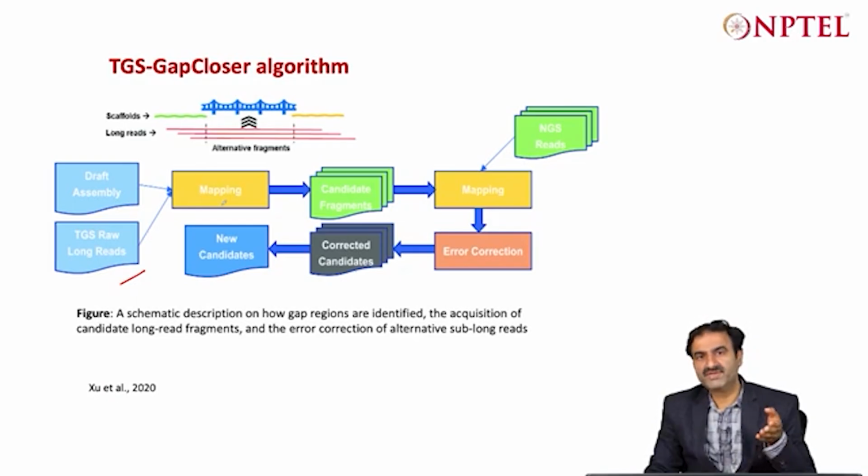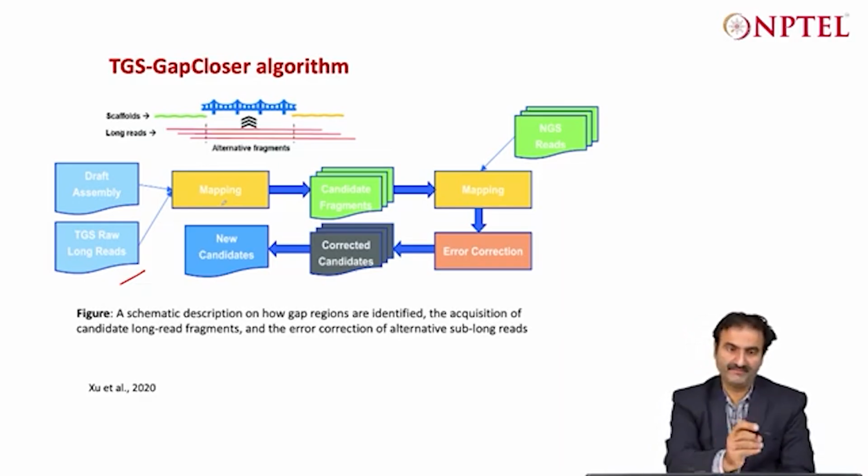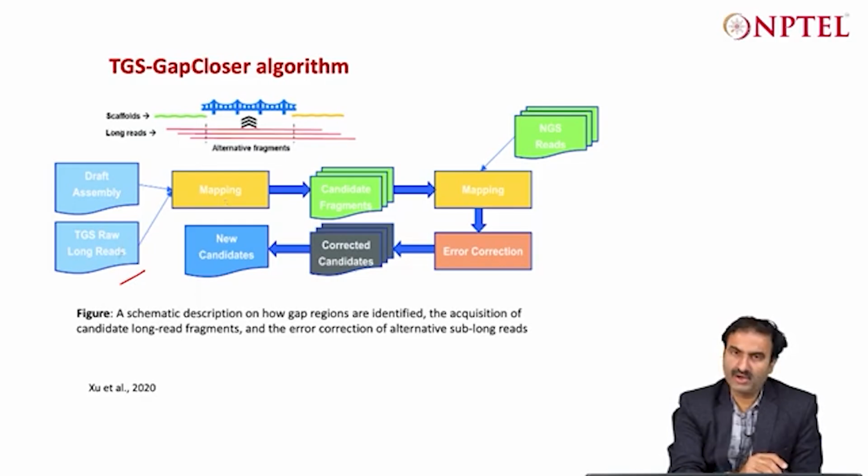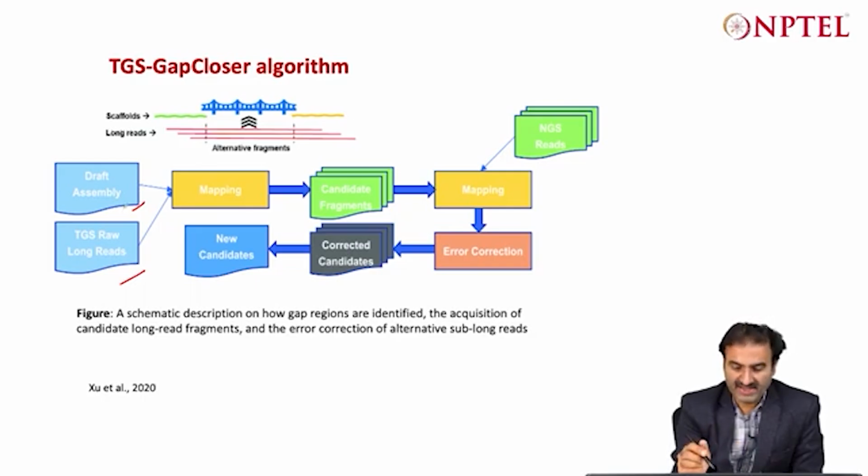But there were reads which are less than 5 kb, that means 1 kb, 2 kb, 3 kb, and intermediate range reads, okay, that were not used in the assembly process but still can be used to fill up these gaps, okay. So the raw long reads from ONT or PacBio are used, okay, and mapped on the draft assembly to find the fragments which can fill up the gaps, right.